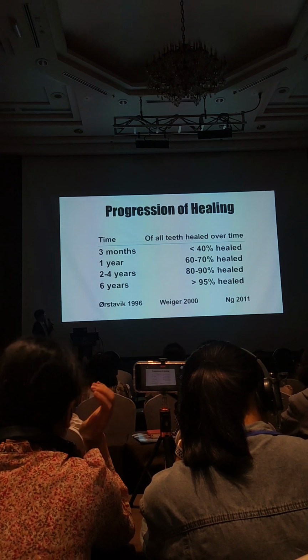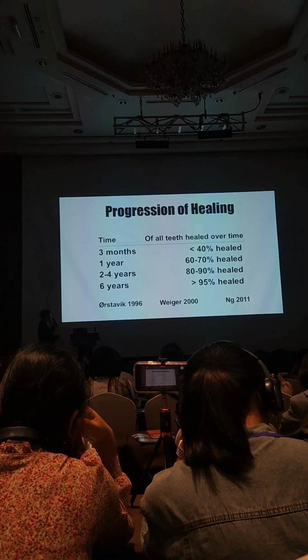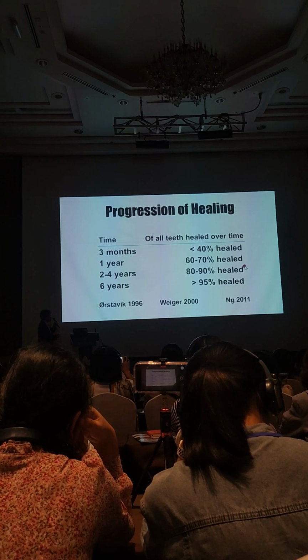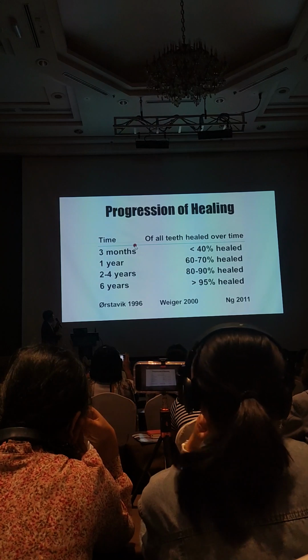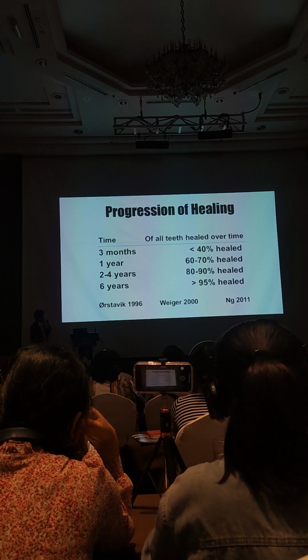So this is the systematic review showing if you wait 3 months after the end of treatment, 40% of the cases healed. Only 40% if you just wait 3 months. But if you wait 1 year, 60 to 70% of the cases healed.